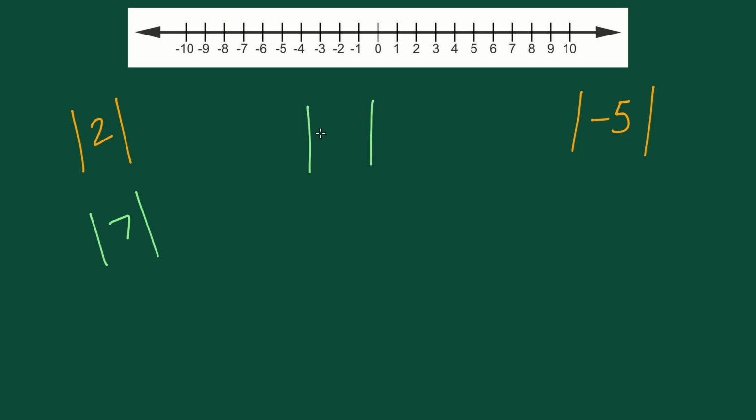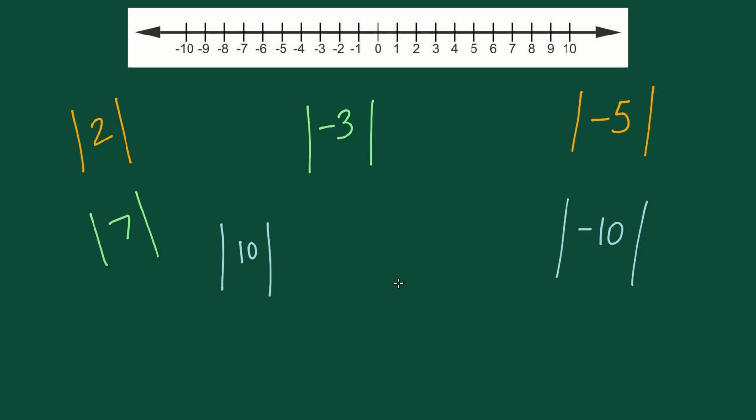All right, so let's just do a couple of more examples here, okay? So I'm going to choose a couple of, for all of these, we're going to try to find the absolute values, okay? About a 2, a -5, and then absolute value of 7, and absolute value of a -3, and then an absolute value of -10, and the absolute value of +10.